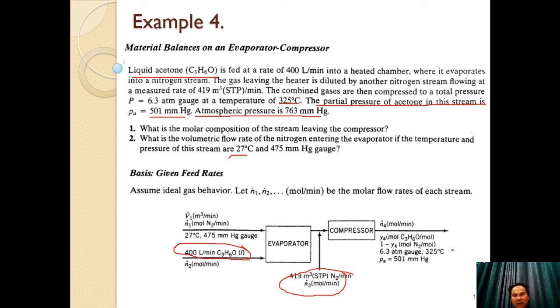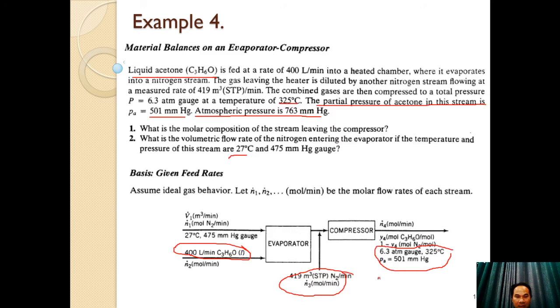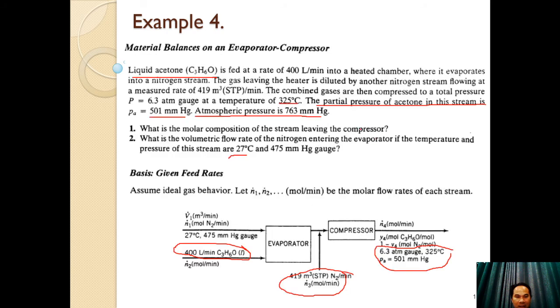Also the output conditions are 6.3 atm gauge, temperature 325, and the partial pressure of acetone for this stream. The first step is to calculate the molar composition of the stream during the compression. You calculate N4, and then the volumetric flow rate of nitrogen, that is, you calculate V1.